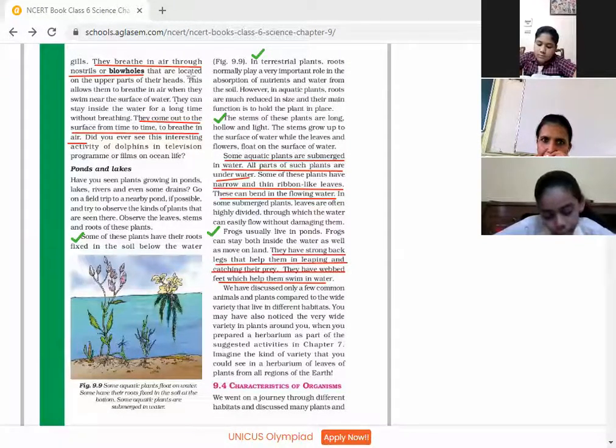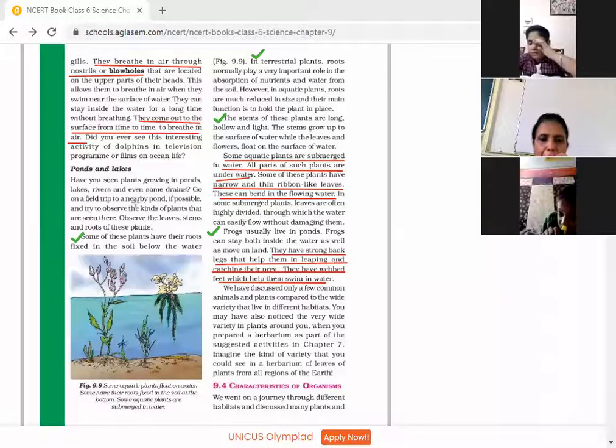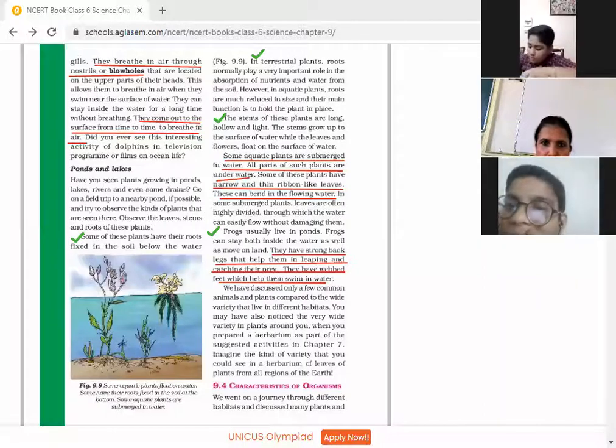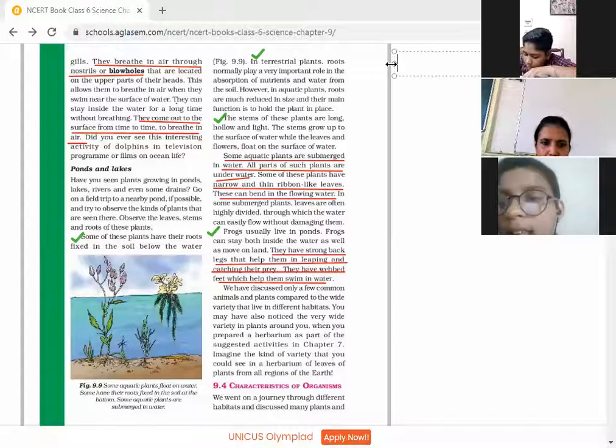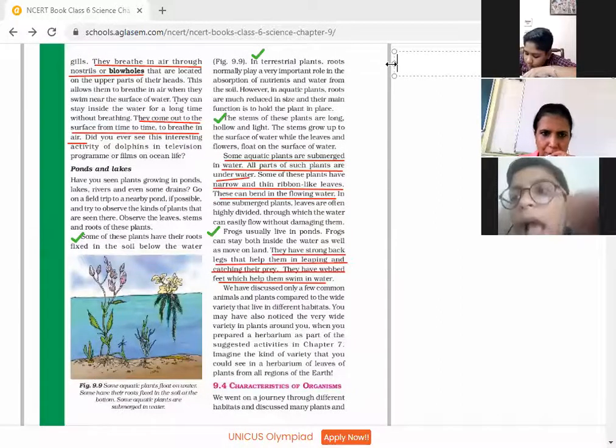So children, here we have discussed many of the plants which live under the water. So you may frame one extra question from here. Write down the adaptations of plants growing in ponds.